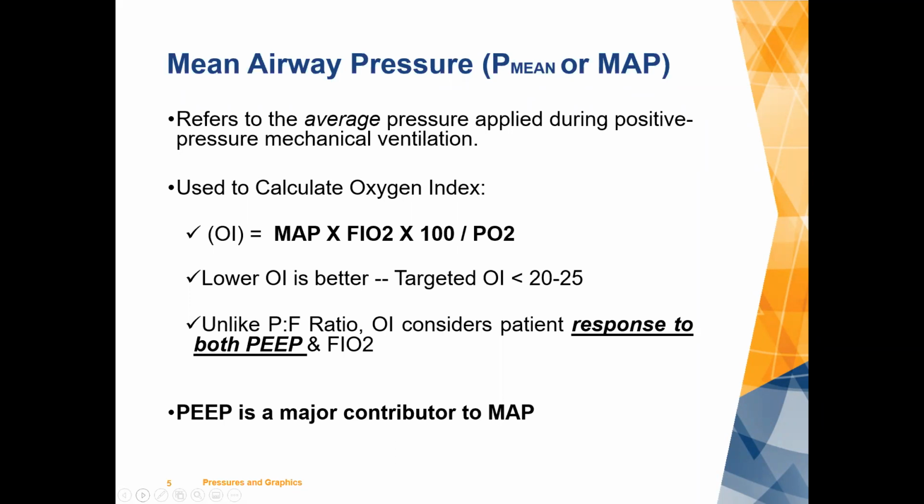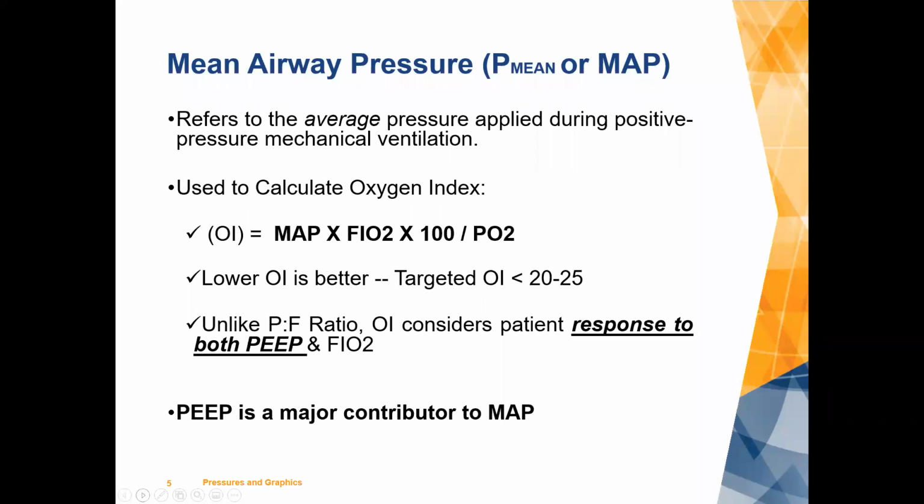It's one of the major criteria that are used to determine ARDS, acute lung injury, or acute respiratory distress syndrome. But it's also used to determine the level of oxygenation or the impairment that exists.